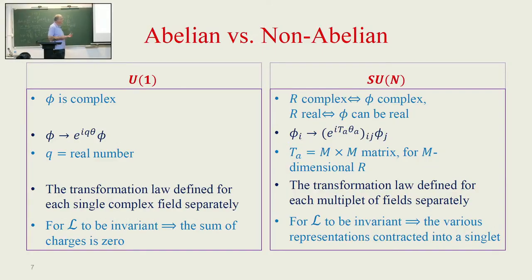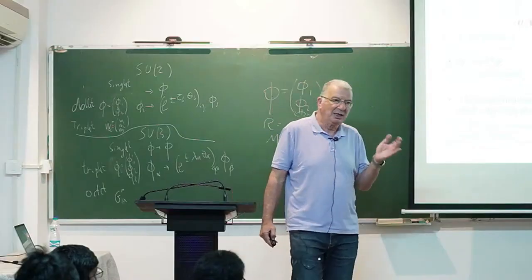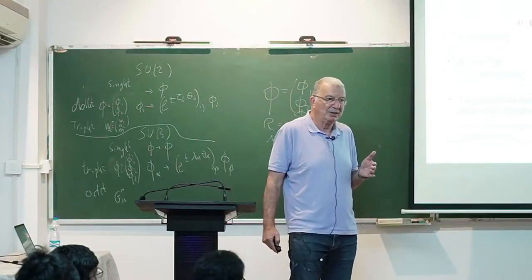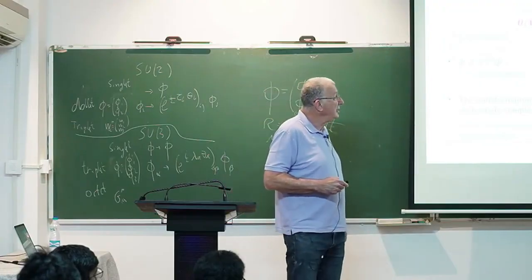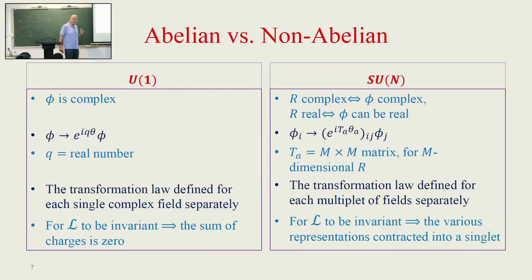R real means that the inverse is the same representation. So a doublet times a doublet of SU(2) includes in it a singlet plus a triplet. So it includes a singlet; that's a real representation. In SU(3), 3 times 3 does not have in it the singlet representation.